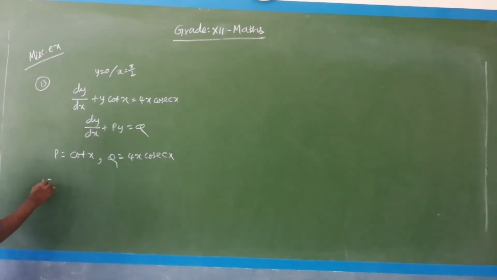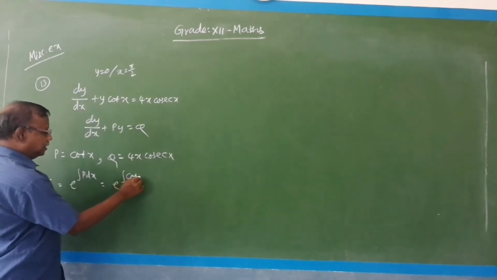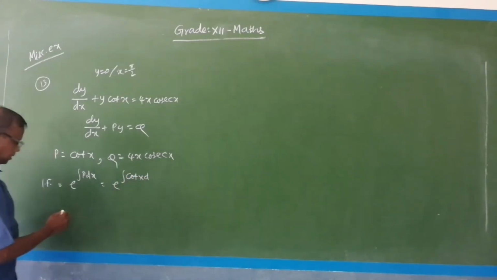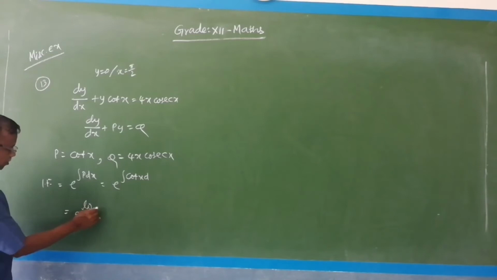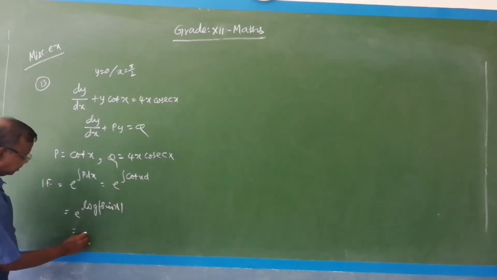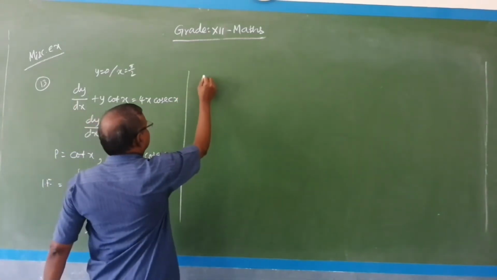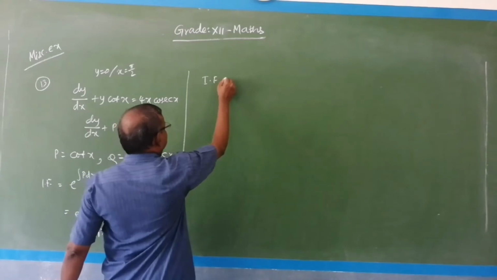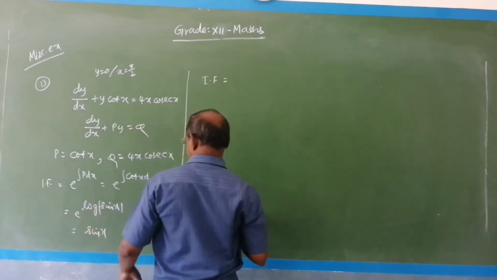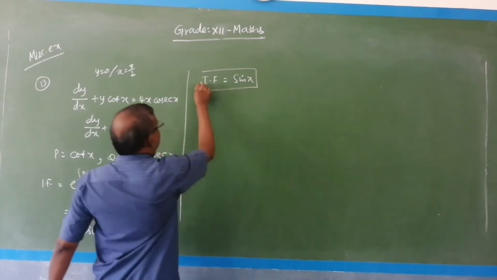We need to find the integrating factor first, which is e power integral p dx, equal to e power integral cot x dx, equal to e power log modulus of sin x, equal to sin x only. Therefore, the integrating factor for this differential equation is sin x.